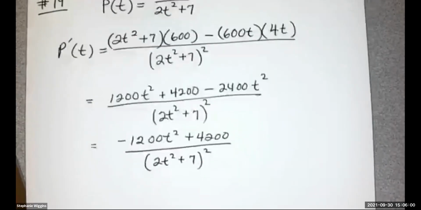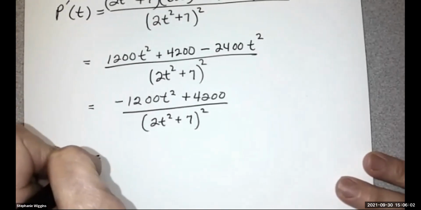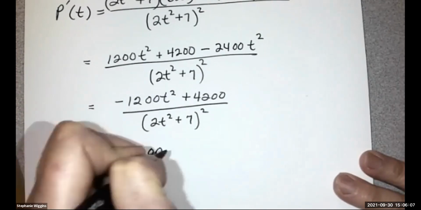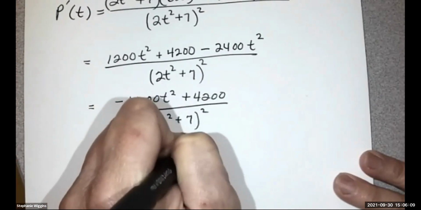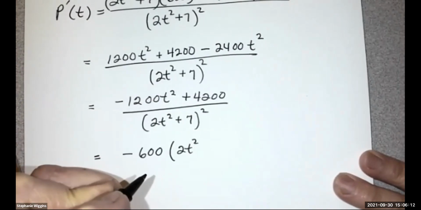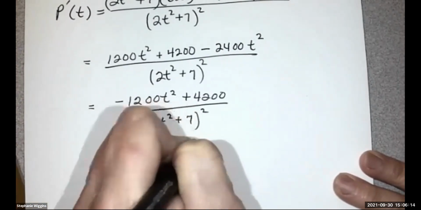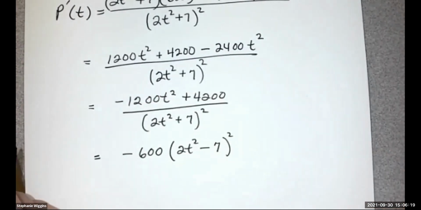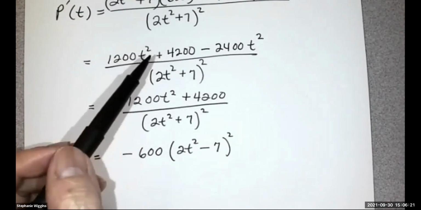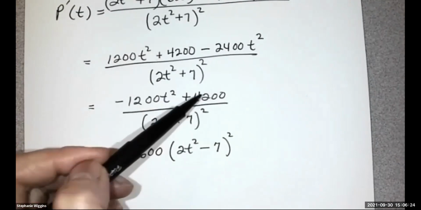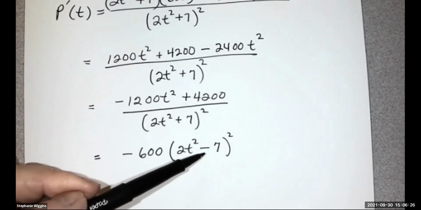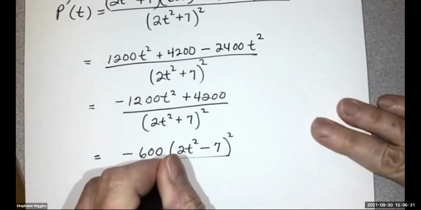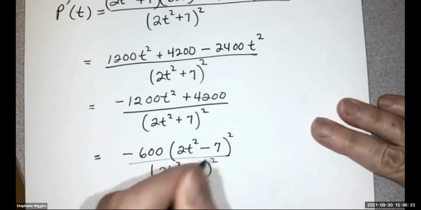When I factor 600 out of here, that's going to be 7 minus 2t squared, because this is negative. And then we have 2t squared plus 7 squared.